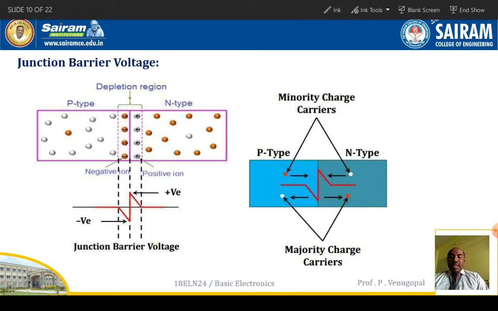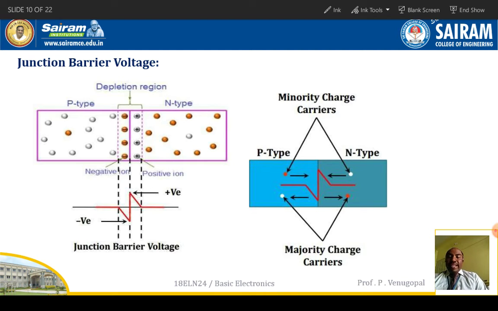Dear students, observe the circuit diagram. So positive immobile ions are formed on the N side and negatively charged immobile ions are formed on the P side. In between these two immobile charges, there is a layer called a depletion layer, and the region is called the depletion region.